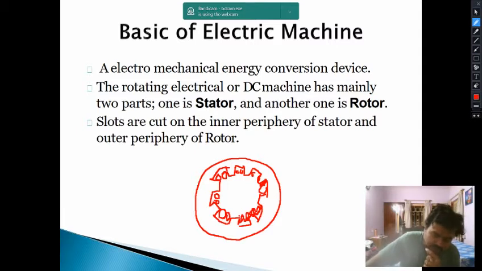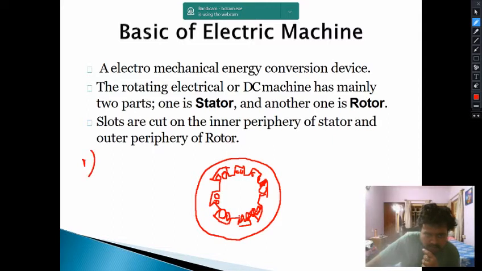So what is the purpose of the stator? The stator is responsible for the creation of the magnetic field.